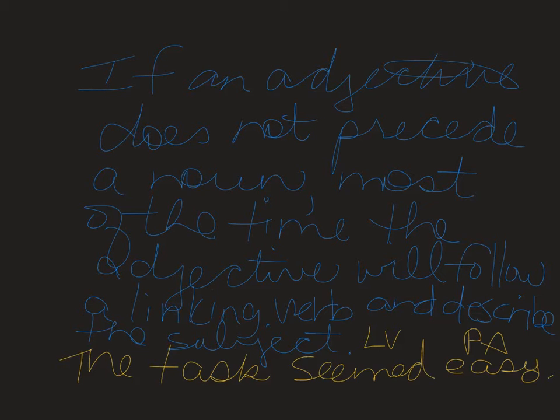Taste, feel, smell, sound, look, appear, become, seem, grow, remain, stay. And these can be action or linking. If they function as a linking verb, remember you can remove the word that's your verb and replace it with an equal sign, which you can here. The task equaled easy. So seemed links the predicate adjective easy back to your subject task.